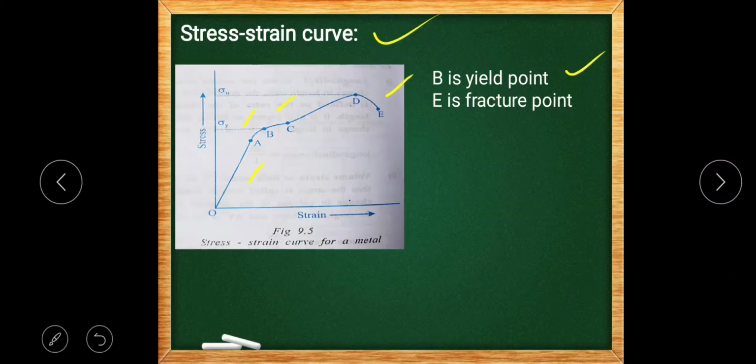Such materials are called brittle. Suppose point D and point E are far apart, then the material is said to be ductile. For ductile materials we can give examples like copper, silver, gold, iron, etc.